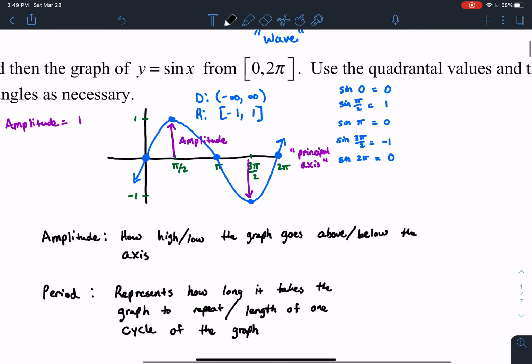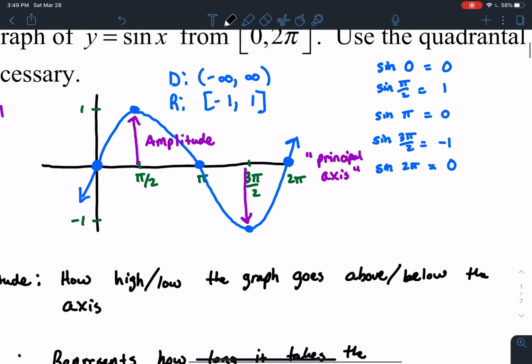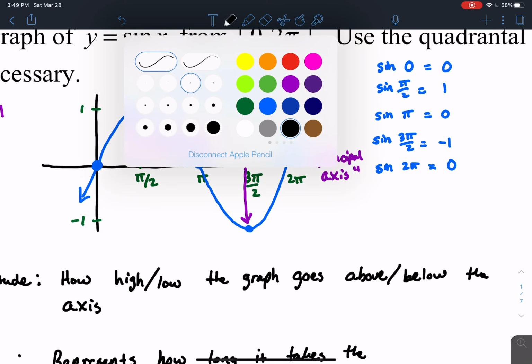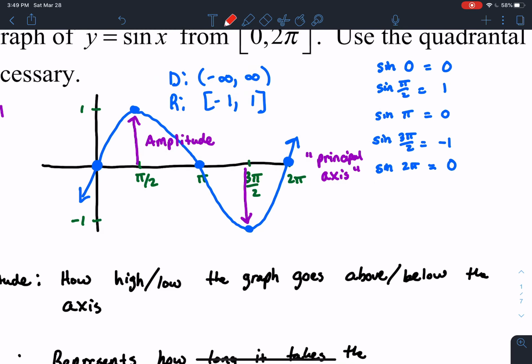All right, so like I talked about before, for sine and cosine, the graph just keeps repeating, okay? So I started at 0 and I ended at 2 pi, but once I got to 2 pi, that pattern is going to start repeating itself again, okay? So the period here is, again, the length of one of these sine cycles.